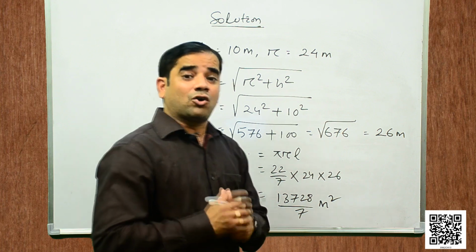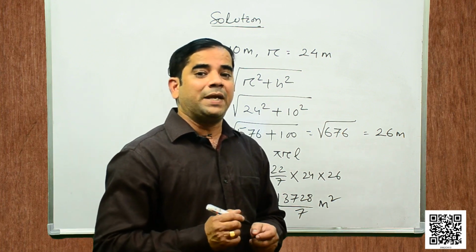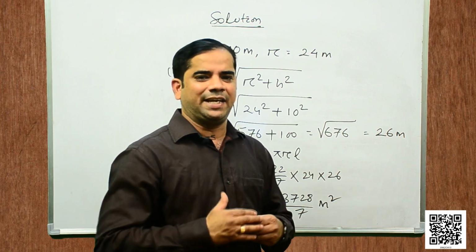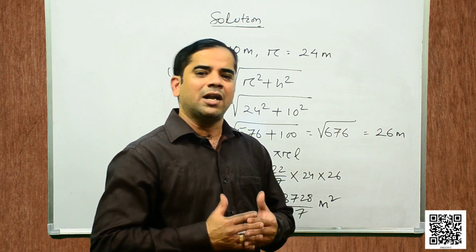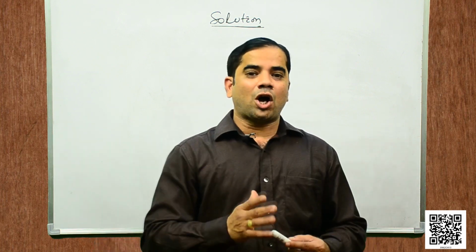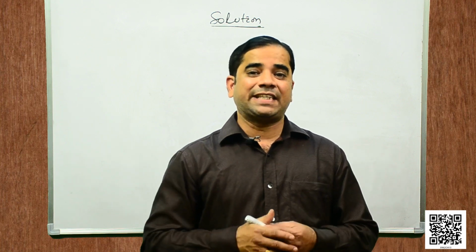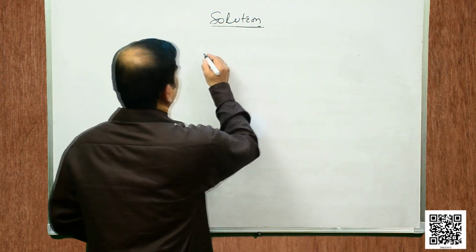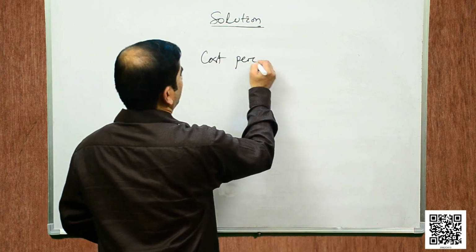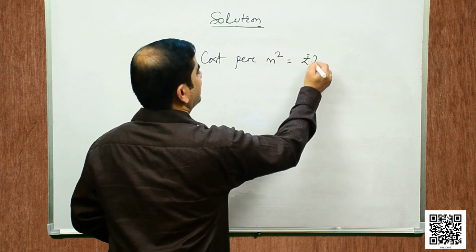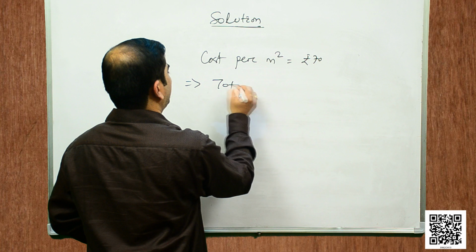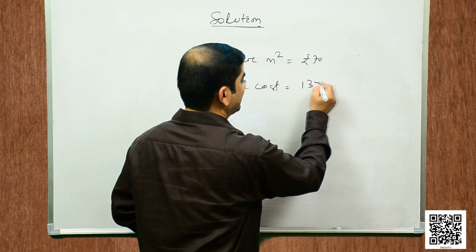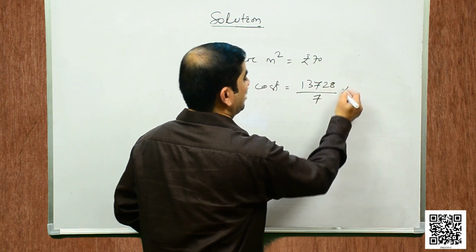It is given that the cost of canvas is rupees 70 per 1 meter square, and we need to find the total cost. So, the total cost is equal to 13728 divided by 7 into 70.